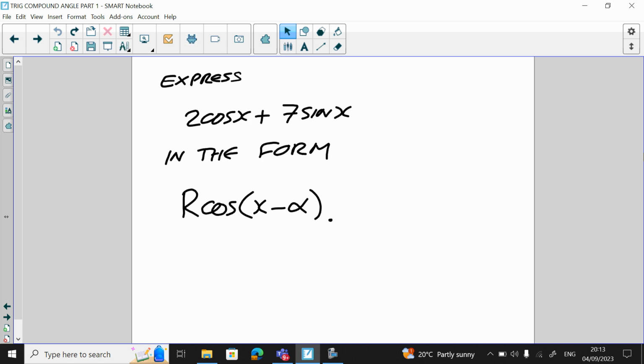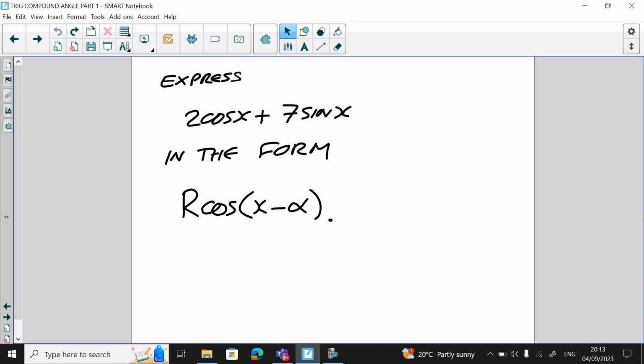Right, okay. Let's go to the second one: 2 cos x plus 7 sin x. I'm going to express this, this time, as cos of x minus alpha. That's important. This is important, what they're telling you to express it as. Sines and cosines are really the same.